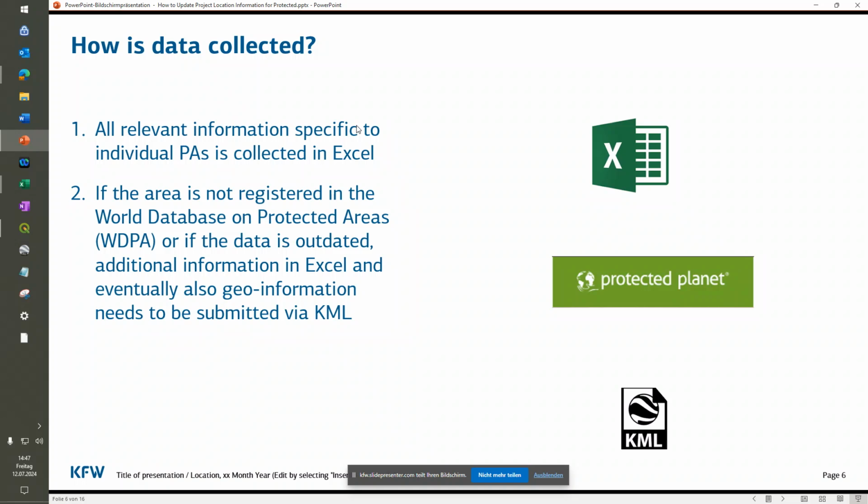If the area is, however, not registered there, or if it is outdated, you might need to provide additional information to Excel in a geo format, and we use KML in this case. I will show you later how to link information from Excel to the KML as well.